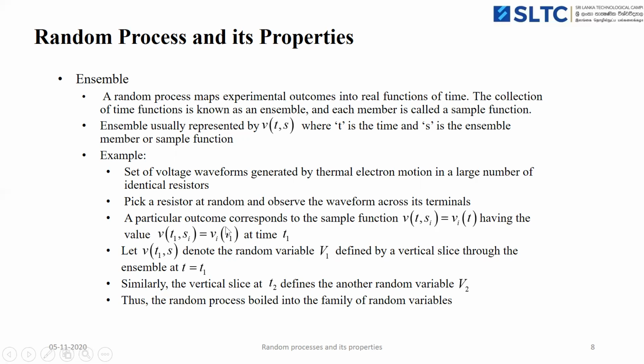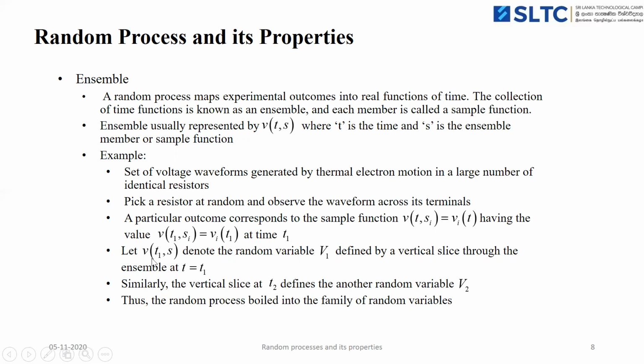So the particular outcome is mapped into a sample function, denoted by V of t comma si equal to Vi of t. This is the sample function of the particular outcome in that experiment. In that experiment, it means the resistor drawn from the box.